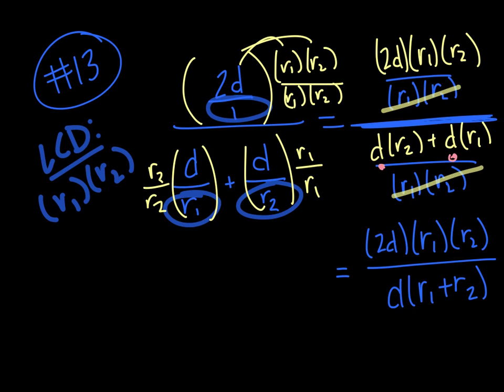And when I do that, then my d's here will reduce, technically this is 1d, and 2 divided by 1 is 2. So 2, d is gone. r1, r2 over r1 plus r2.